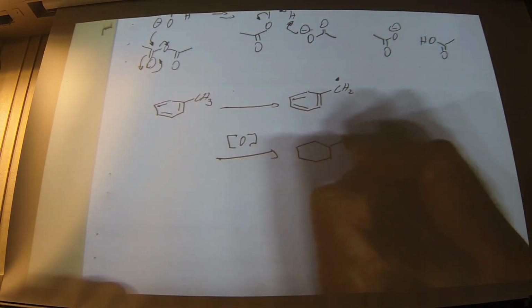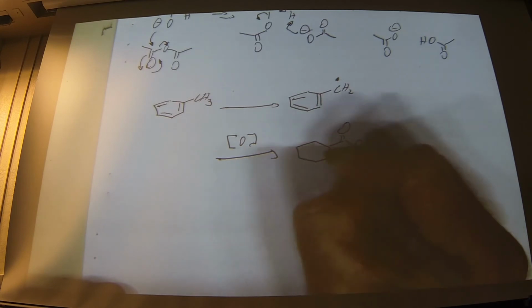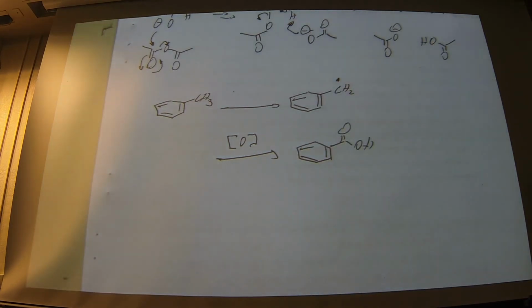The other side chain reaction was a vigorous oxidation process that gave rise to carboxylic acids. And so these were the two typical side chain reactions that we've seen.